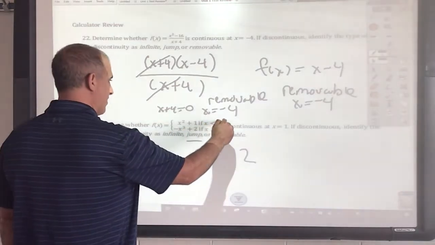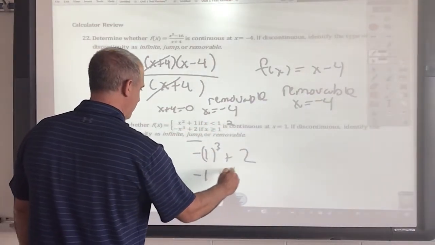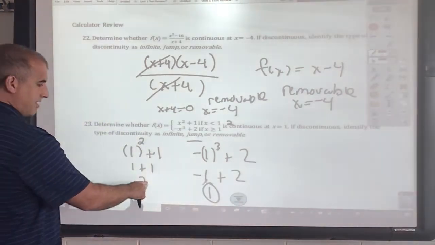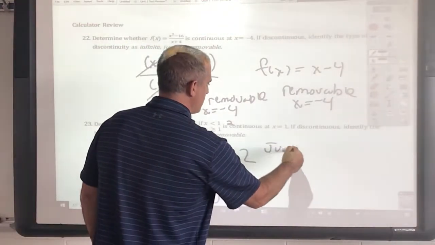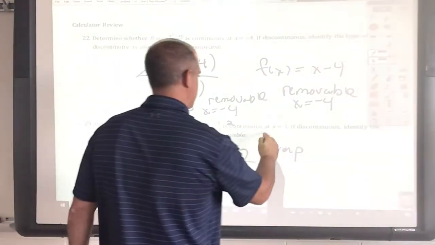So this result here is 2. If I do this one though, this is -1 plus 2, which would be 1. Because these values are different, I have a jump. If you were to plot that out, that's how you could see it. So this is discontinuous.